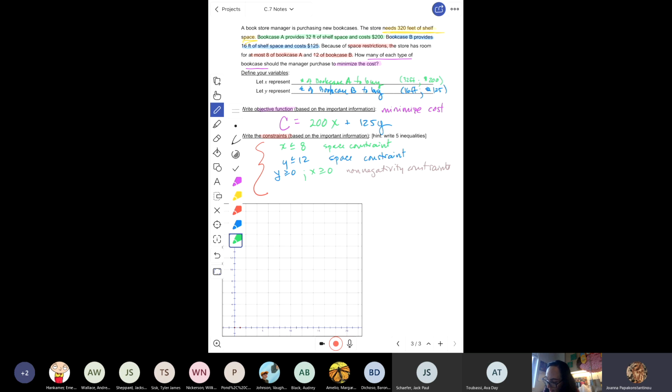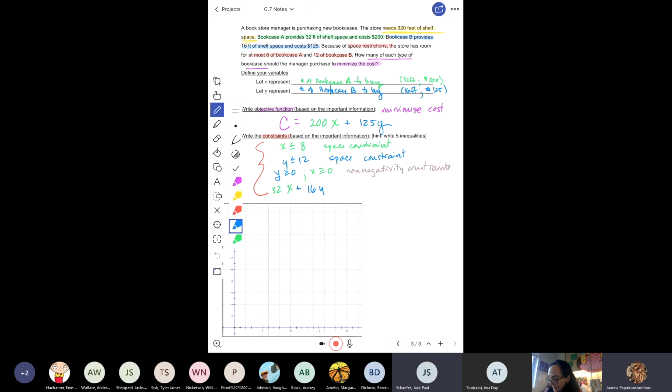So I need to write another inequality constraint that represents adding the shelf space from each of these bookcases: 32 feet for every bookcase A, plus 16 feet for every bookcase B. Anybody finish that inequality?